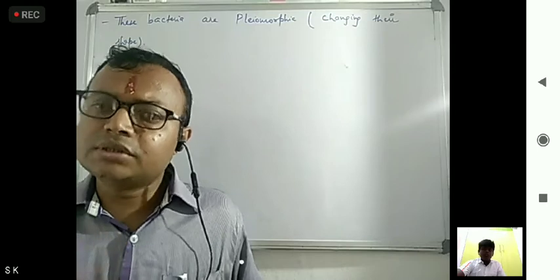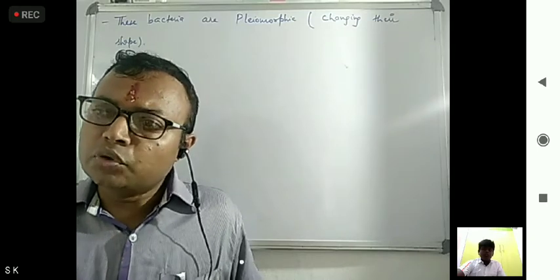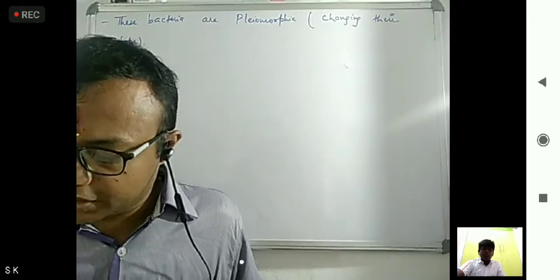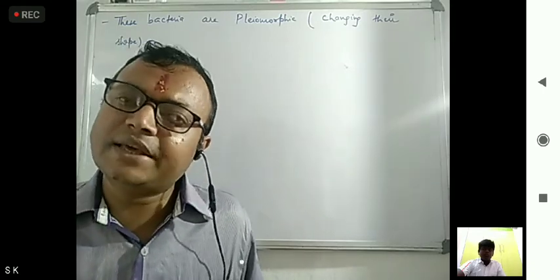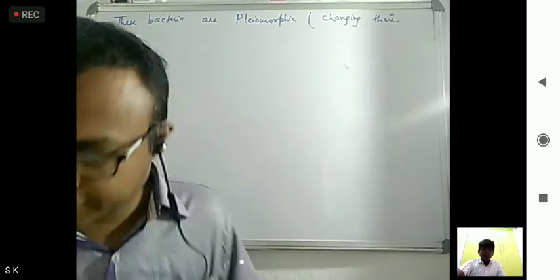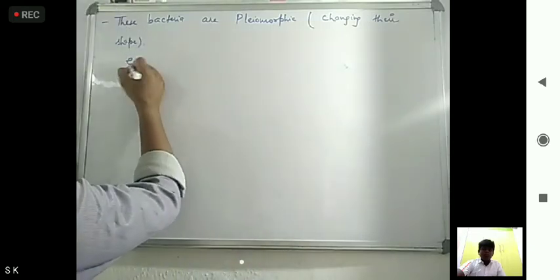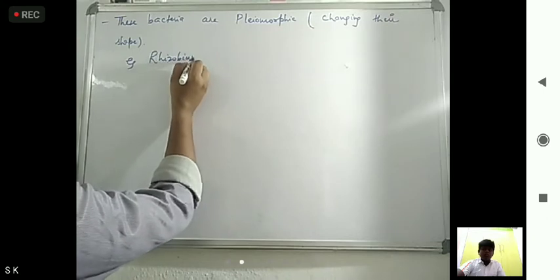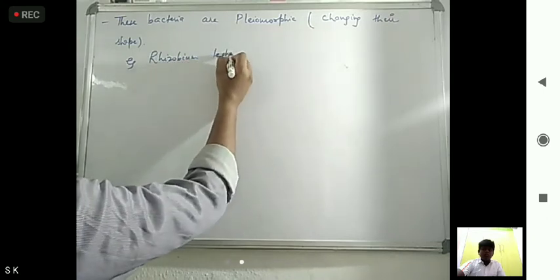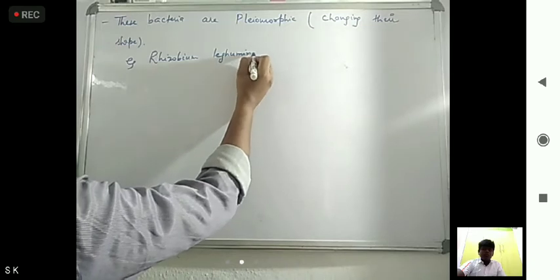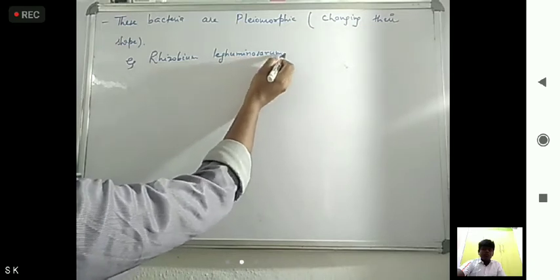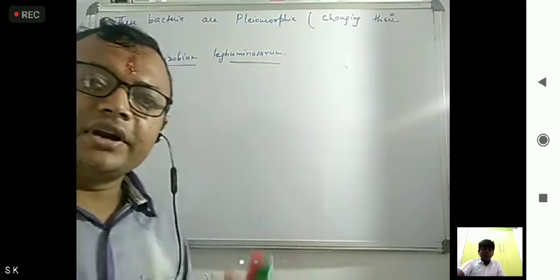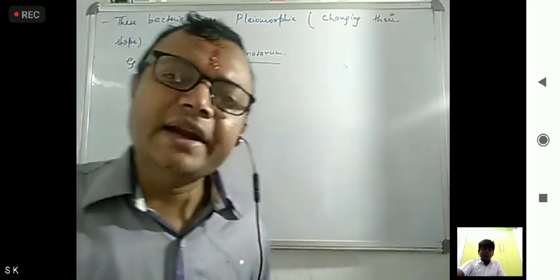Now why did I say pleomorphic? If questions come asking which bacteria mostly shows pleomorphism, the example is Rhizobium leguminosarum. For example, Rhizobium leguminosarum. This bacteria you can see changes its shape over a period of time.